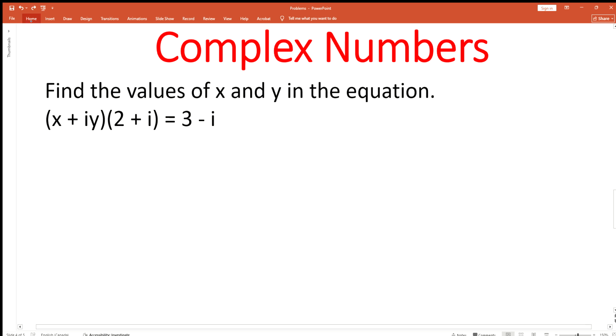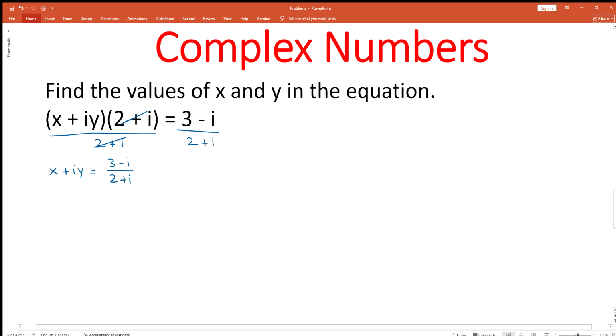We should divide both sides of the equation by 2 plus i because we want to get rid of 2 plus i on the left side. So 2 plus i on the left side cancel each other out and we are left with x plus i times y equals (3 minus i) over (2 plus i).